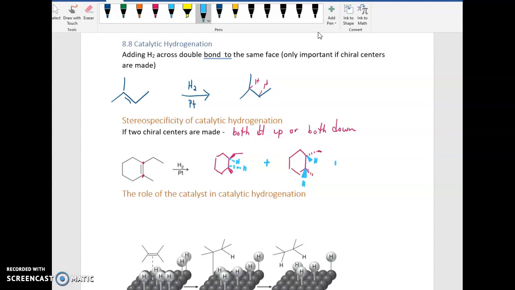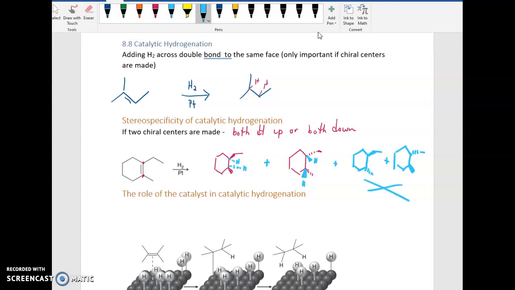We do not observe this, with that one on a wedge and this one on a dash, and we do not see this either. The bottom one here is on a wedge and the top one's on a dash. These are not observed.